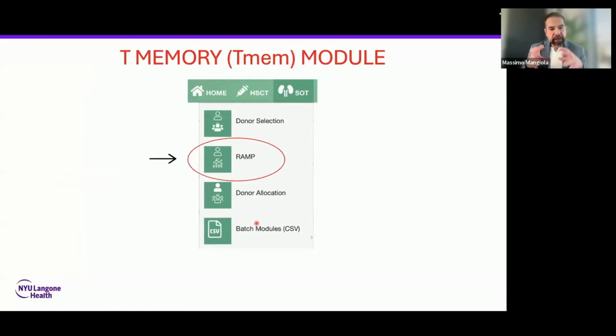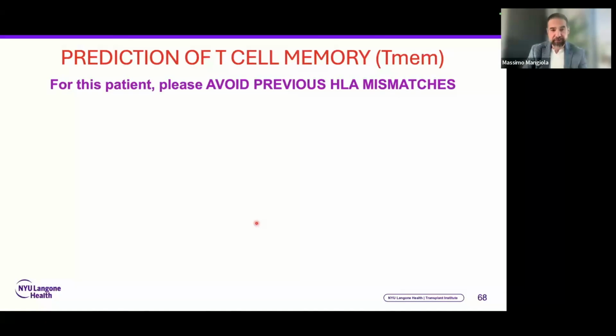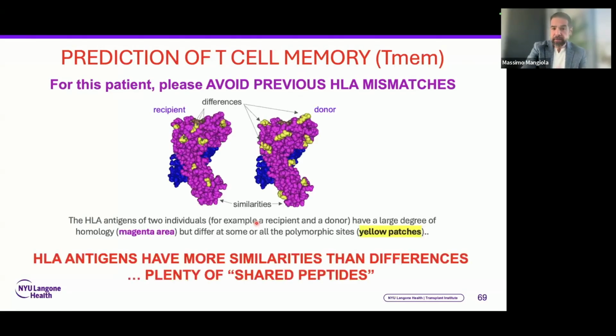There is another feature within RAMP that is incredibly useful and a better way to answer a question that I'm sure 99% of you have gotten before, which is a request: for this particular patient, let's avoid previous HLA mismatches. And as I told you before, HLA molecules are more similar than dissimilar.